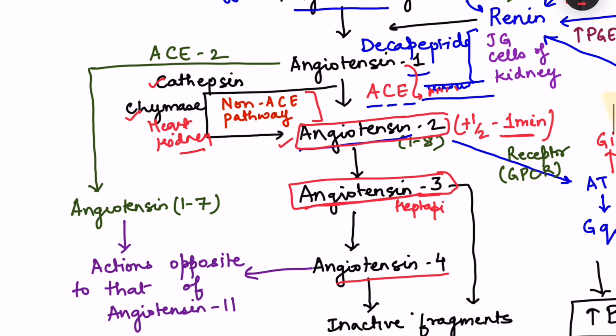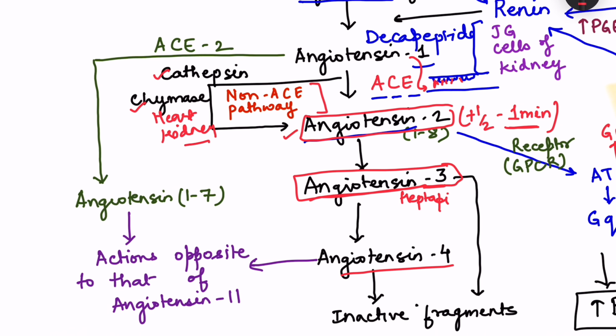Now, you see here, focus here. I told you one thing to remember, that angiotensin 1 is converted to angiotensin 2 by two pathways. Main is the ACE pathway, but there is another, alternate pathway as well, that is the non-ACE pathway. Now, angiotensin 1 can be converted to another angiotensin, that is angiotensin 1-7, which is formed by the action of angiotensin converting enzyme 2.